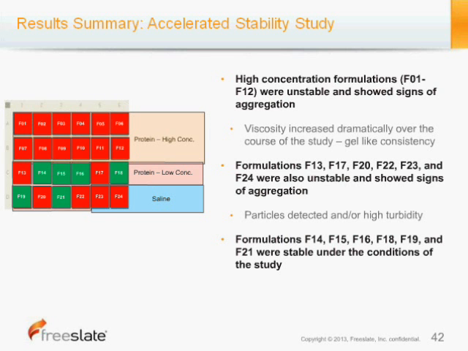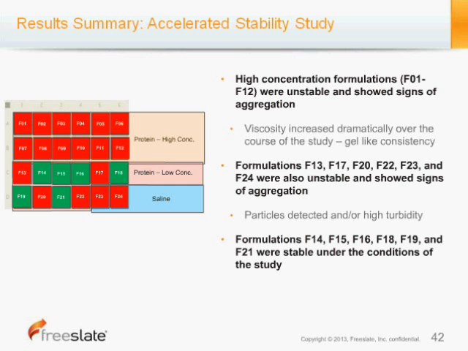For the lower concentration formulations, the 50 milligram per mil, formulations F13, F17, F20, F22, F23, and F24 also were unstable, and those also showed signs of aggregation. And so the way that we were able to assess that was that those formulations either showed signs of particle formation, physical particle formation, or had high turbidity.